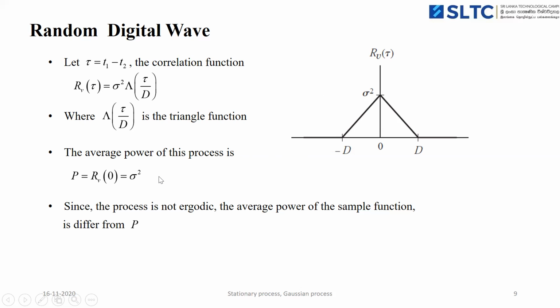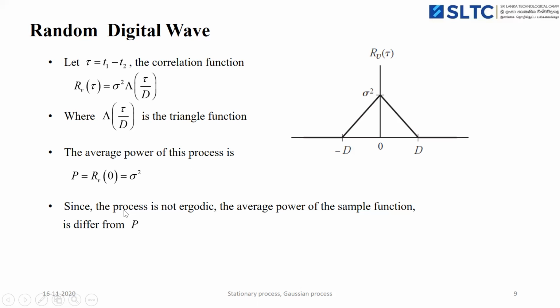Normally, we say that the variance of the random process is sigma squared. Actually, the variance of the random process is the average power of the given random process, which is calculated from the autocorrelation function at tau equal to 0.